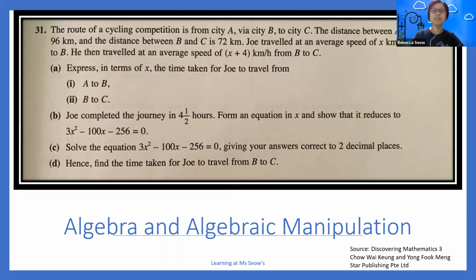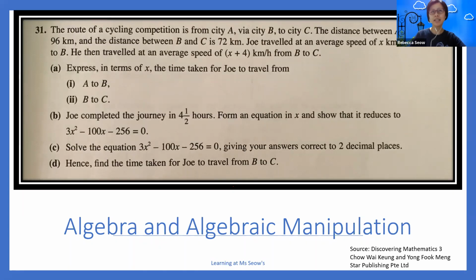So the question reads, the route of a cycling competition is from city A via city B to city C. The distance between A and B is 96 kilometers, and the distance between B and C is 72 kilometers. Joe traveled at an average speed of X kilometers per hour from A to B. He then traveled at an average speed of X plus 4 kilometers per hour from B to C.